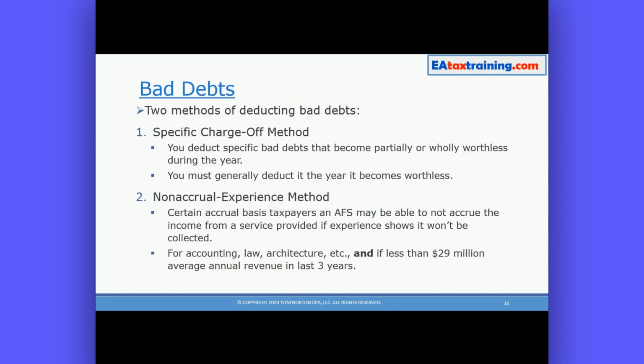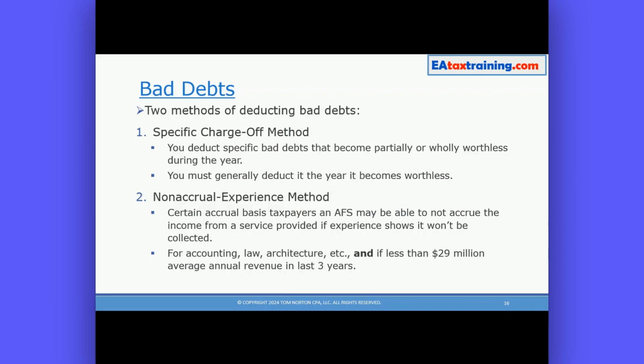All this means is they provide their services and they bill their clients, and they know based on experience that some percentage of that is going to not be collectible. They don't know which clients are not going to pay, but they know that there are going to be some clients along the way who are not going to pay. So let's say, making up a number, it's 3%. Historically, 3% of their billings never get paid.